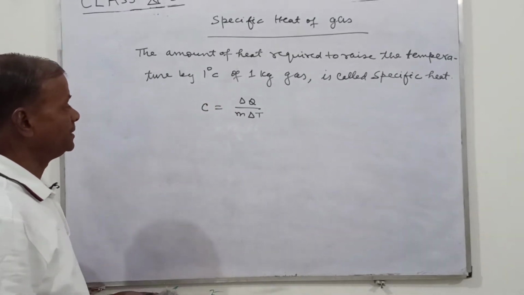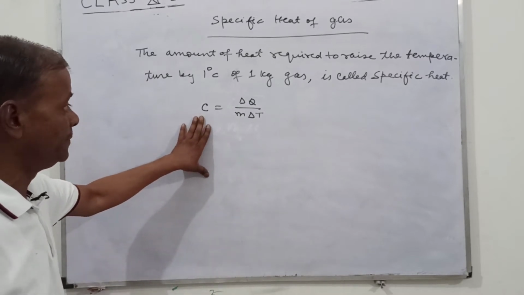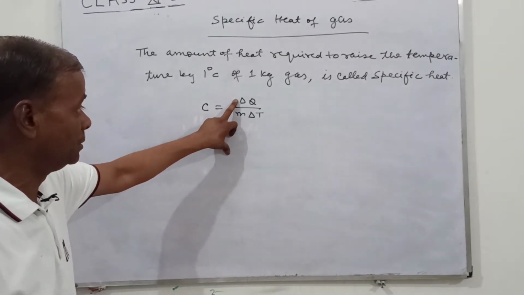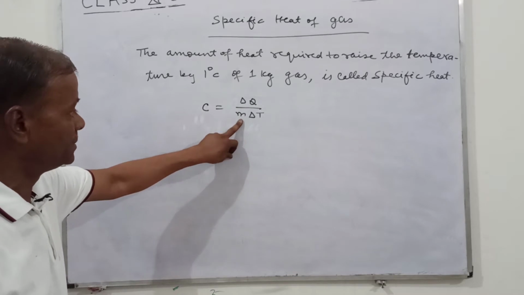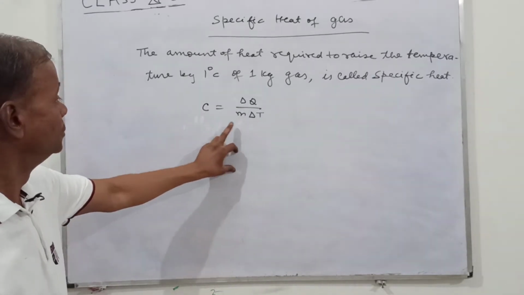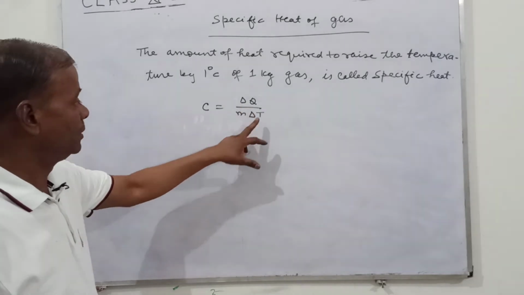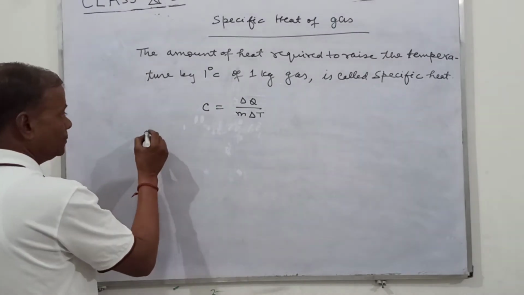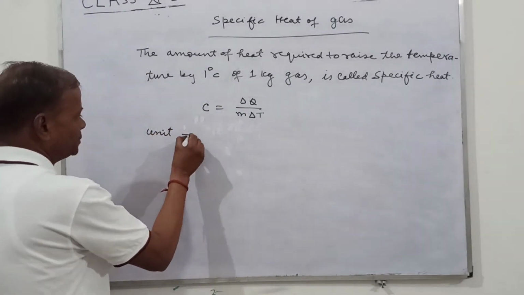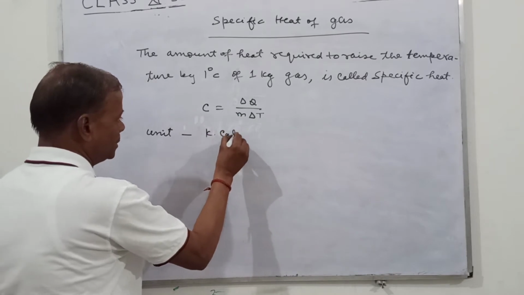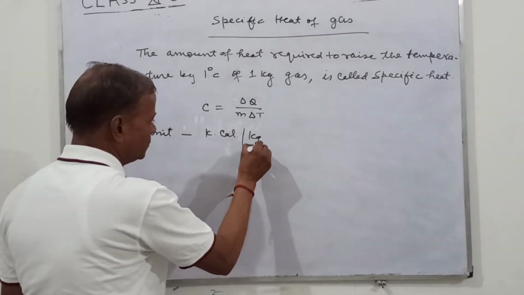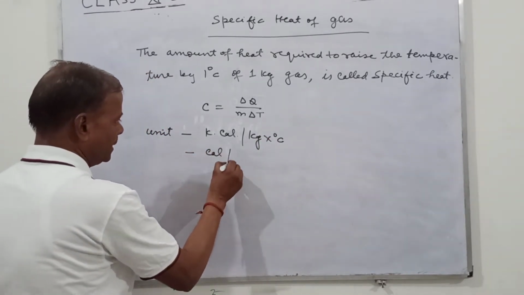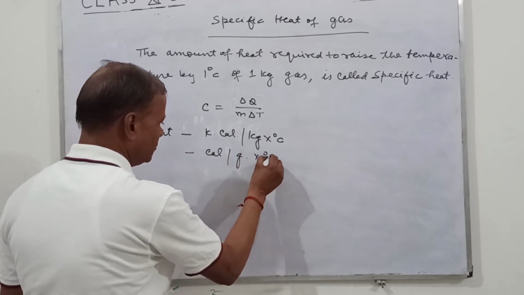And from here you find that the unit of C will be the same as I told you earlier. This is measured in kilocalorie or in joule, and this is in kilogram, this is in degree centigrade. So it will have the unit of kilocalorie per kilogram degree centigrade, or calorie per gram degree centigrade.